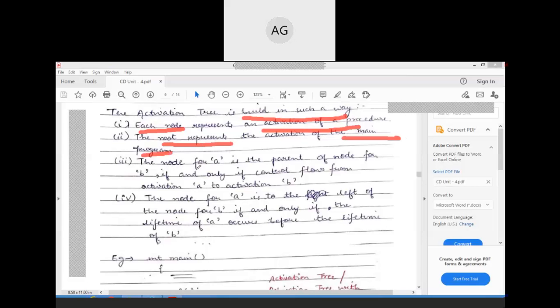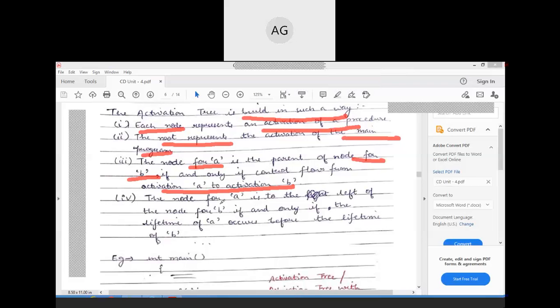The third point is the node for A is the parent of the node for B if and only if control flows from activation A to activation B. So just remember how we take the parent and child relationship: if the control flows from activation A to B, then we take the parent-child relationship.